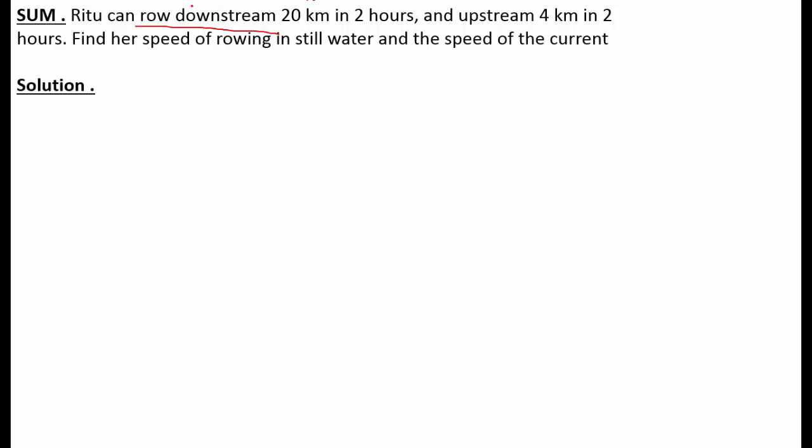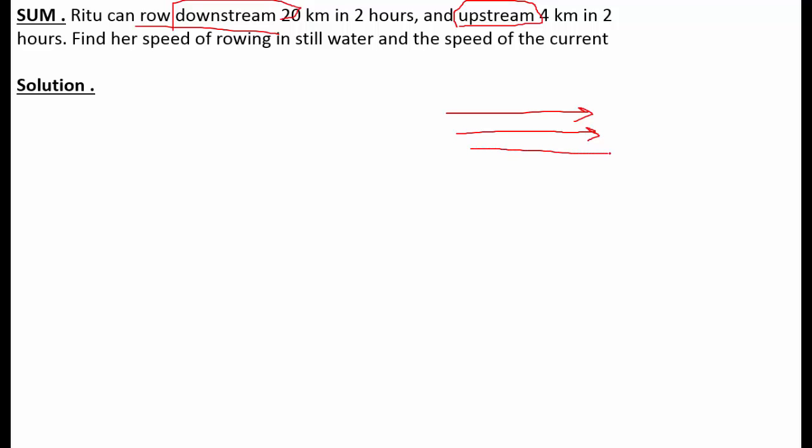So here we have seen two terms. First is downstream and second is upstream. What is the meaning of these? Now, first of all, speed of current or stream means the speed of water. Say my water is flowing in this direction.